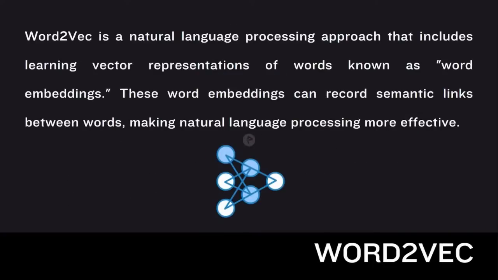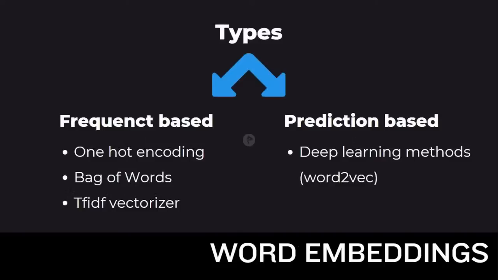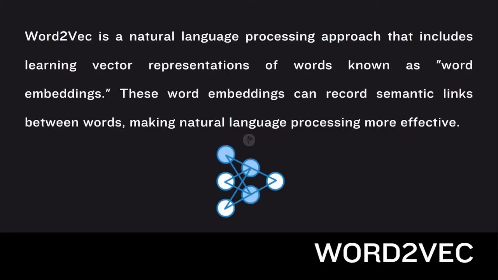So word2vec is an NLP technique. We have seen frequency based, now we'll discuss prediction based deep learning methods like word2vec. Word2vec is a natural language processing approach that involves learning vector representations of words, known as vector embeddings or word embeddings. These word embeddings can record semantic links between words. Something like king and kingdom have a relation, or king and queen.